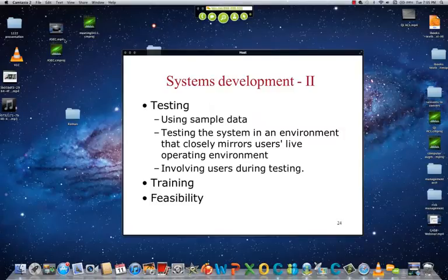Users will look and see whether this system operates as intended. At this stage you will need users, since they know how to use the system and what to expect. So you would like to involve them in your testing.